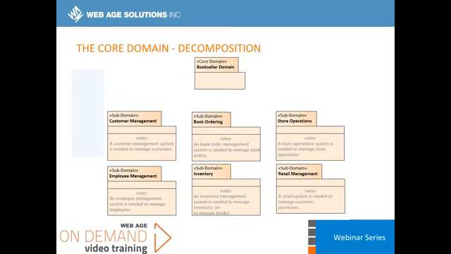And overall, then we can prioritize which one of these subdomains are going to be developed first. We can set up some sort of a product backlog that says how we're going to address these, etc.